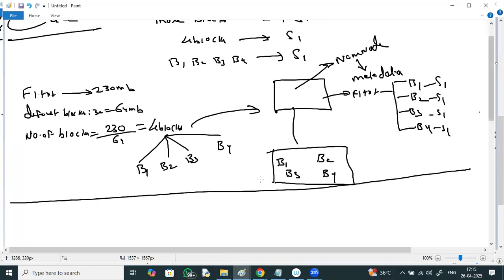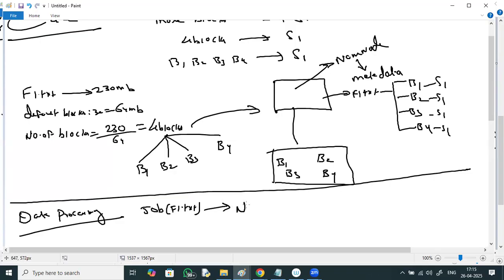Now, coming to data processing, that is, data stored in a single system. A job to process f1.txt: number of tasks equals the number of unique blocks. How many unique blocks are there? 4 are there, right?